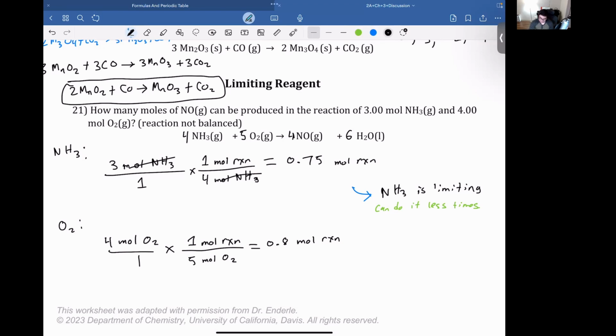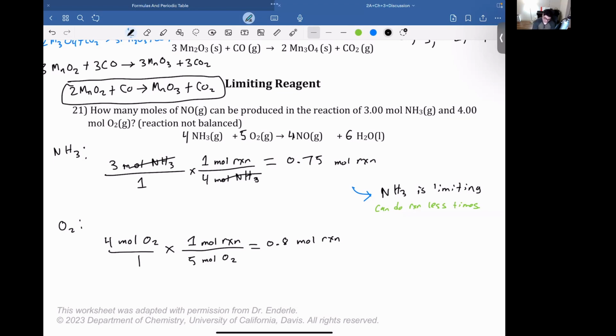Now we're not done yet because we still have the last part. So it says how many moles of NO can be produced. So we found out which one is limiting, and now we just have to do the same with NO. So again, think about the recipe.